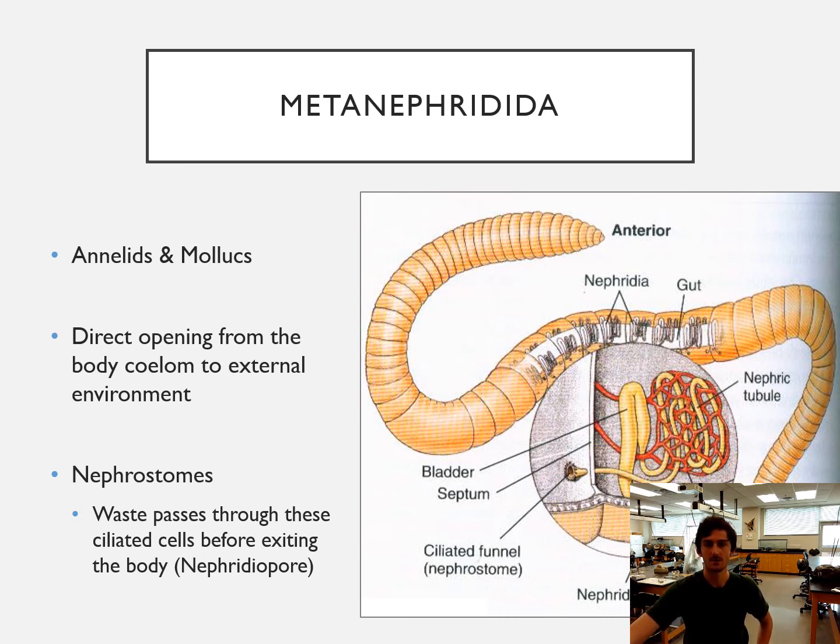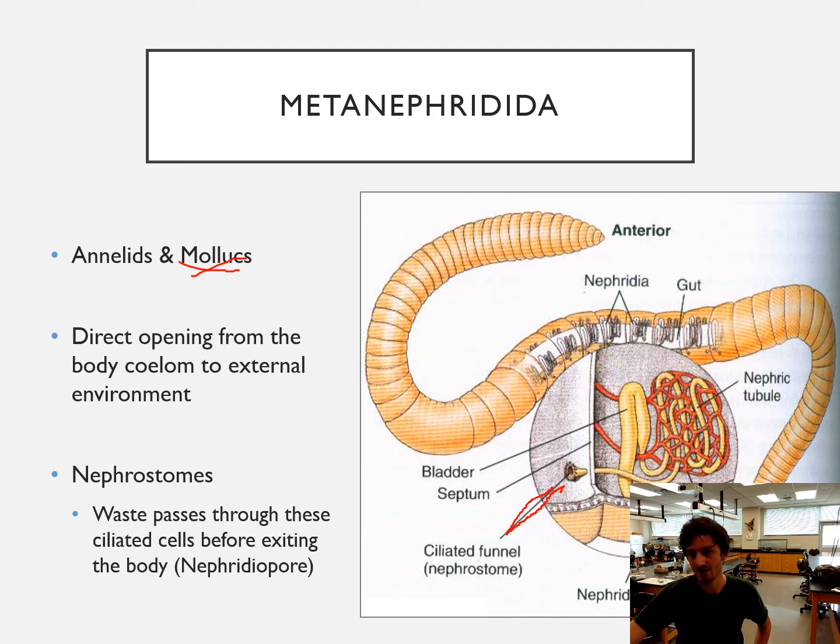Don't ignore my spelling. So this is when there's some sort of direct opening from the body cavity to an external environment. So we have here what's called a nephrostome. This is a funnel that has cilia, and it's connected to each of those body cavities.